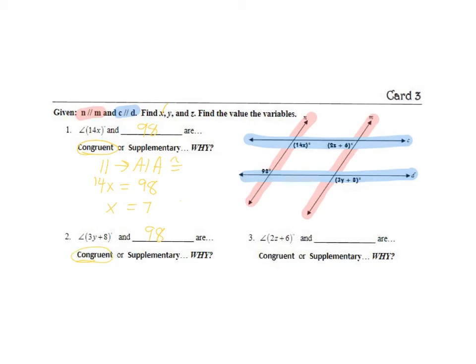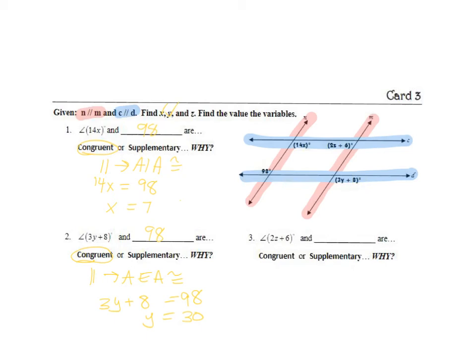Our reason why: parallel lines imply that alternate exterior angles are congruent. And so then we could say that 3y plus 8 is equal to 98. And we can solve that to get y is equal to 30. So we've got that second part done.